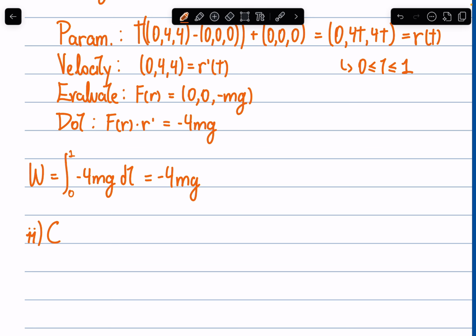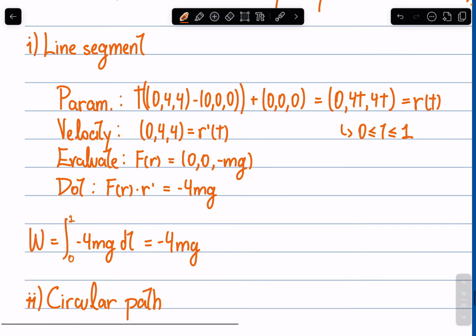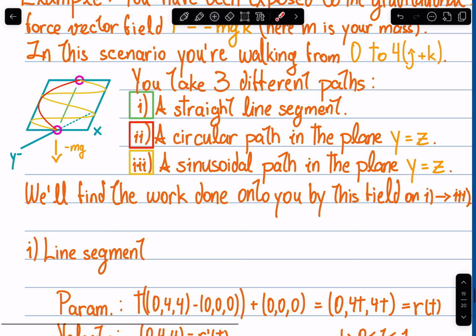For the circular path, I will give you the parametrization. You do not need to know this. The way that we parameterize the circle going from 0 to (0, 4, 4) in the y equals c plane, you can see that this is an inclined plane, unlike the ones that we're usually accustomed to in the xy plane.